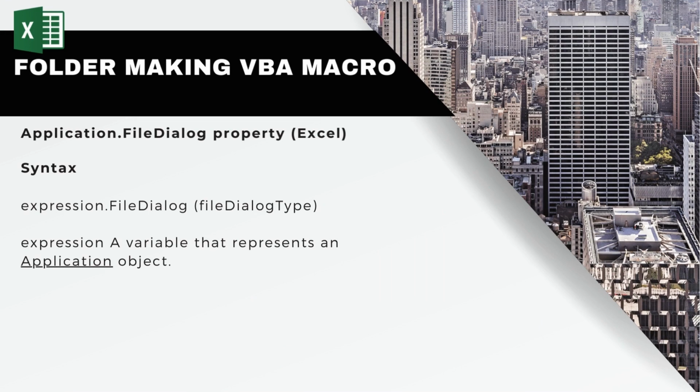And looking at the code, a couple of things come to light. First of all, the first part of the code requires the Application.FileDialog property in Excel. The syntax is this: expression.FileDialog(fileDialogType), where expression is a variable that represents an Application object. Pretty cool.